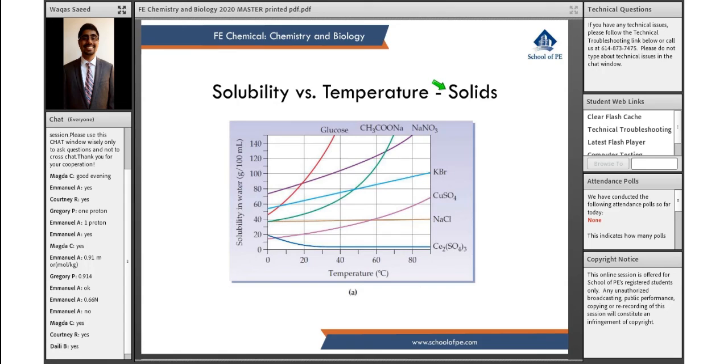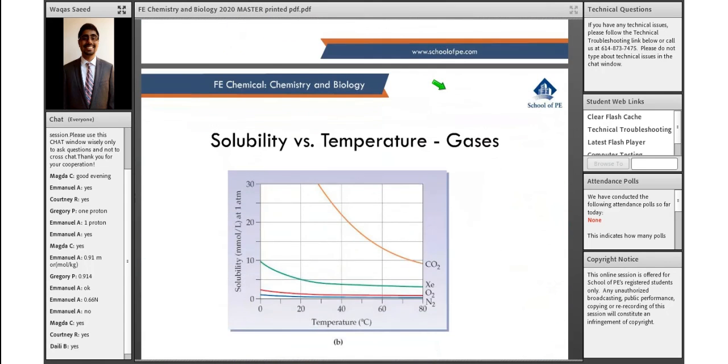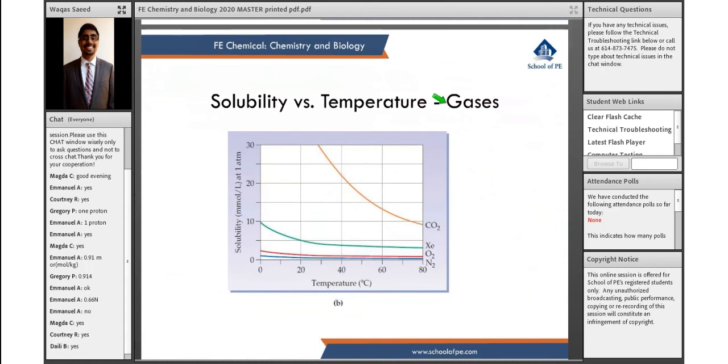Now, they can ask you this about solids, and they can also ask you about gases. So if you look at this graph, and you can find similar graphs online or in other college textbooks, this is from that textbook I referenced in the references slide. So as you increase temperature, the solubility of gases, for some gases, most gases, decreases, right?